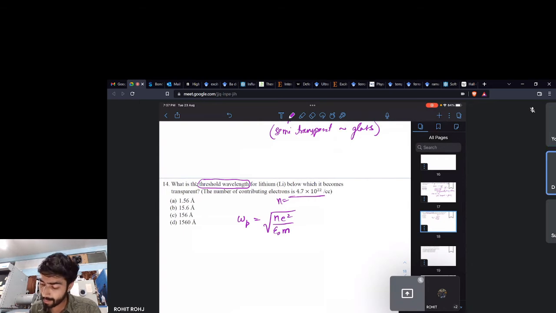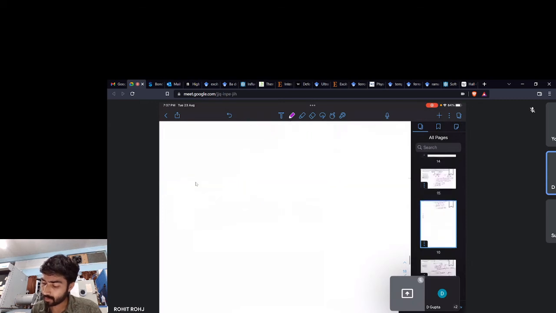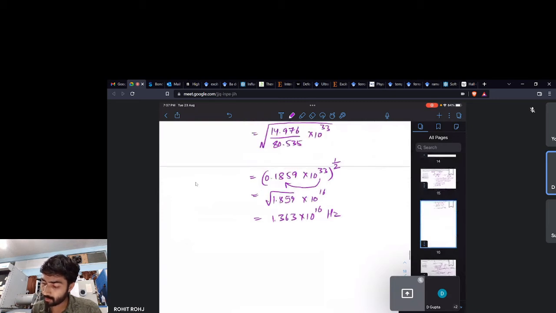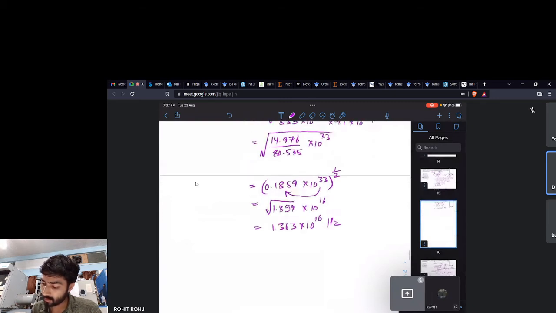I have a question here: is omega p the circular frequency or the linear frequency? This is the angular frequency, so it comes in radian per second. So one has to write 2 pi. In order to find the linear frequency f, we have to divide omega by 2 pi, because it is coming in hertz.